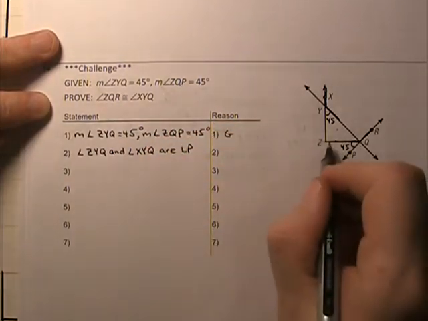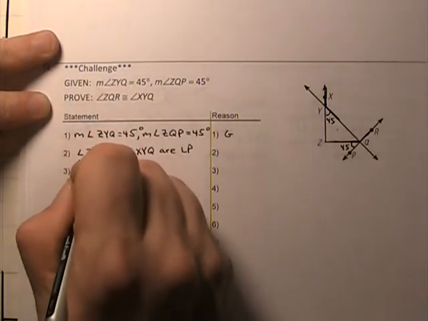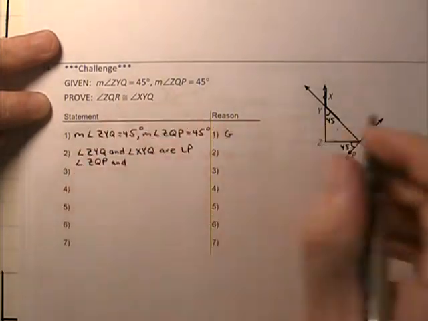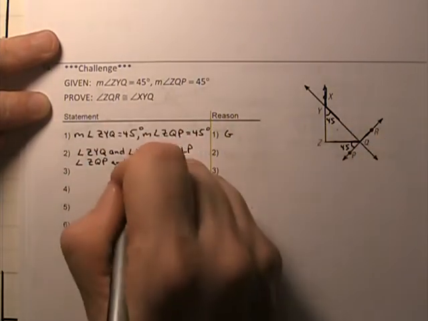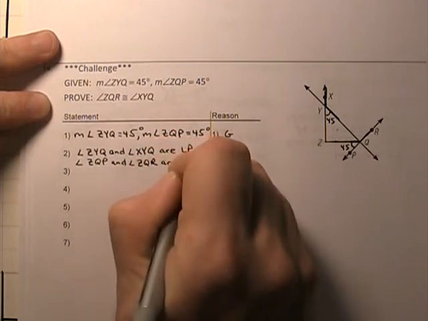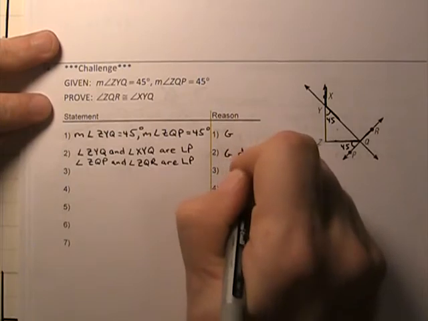Do the same thing with ZQP and ZQR. And that's given from the diagram.